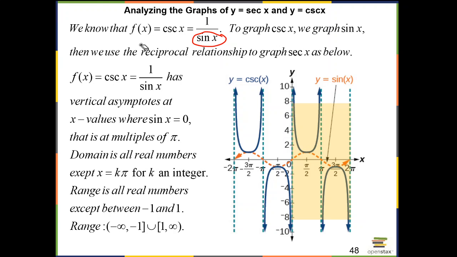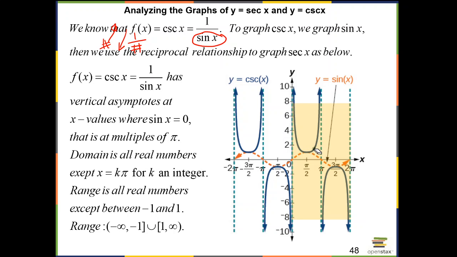When you take the reciprocal of a number, that's the relationship they have, right? Because the reciprocal of a number is 1 over the number. So if this increases, this one decreases. And of course, if this number is 1, they're the same.